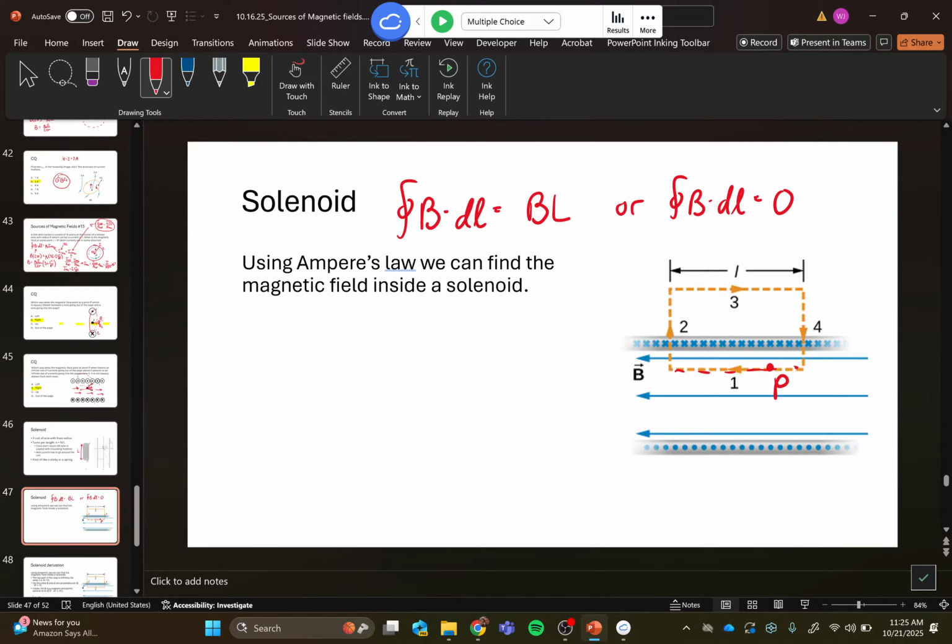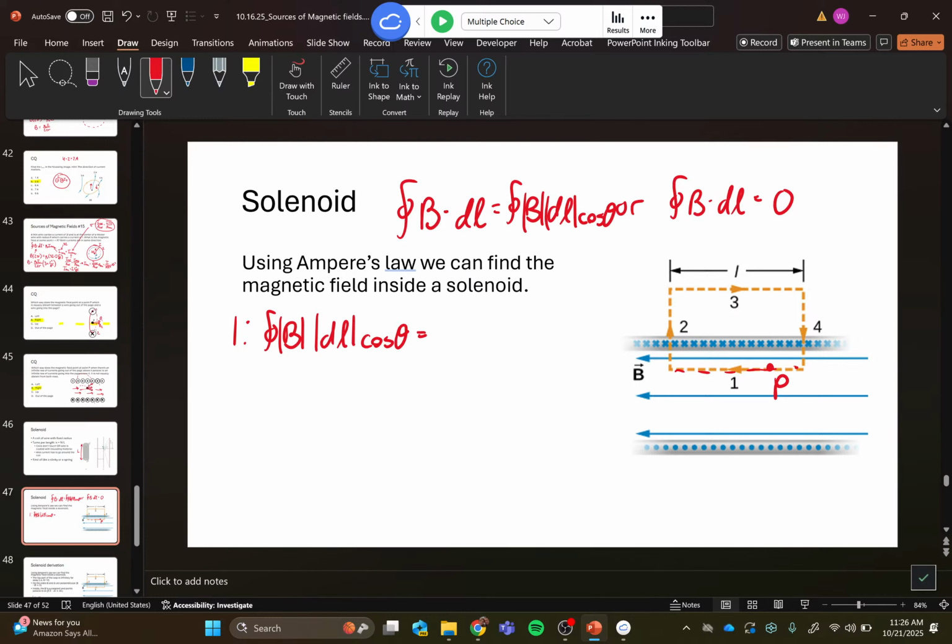So, looking at one section at a time. On the bottom, this is very nice. On path 1, the integral of B dot dl ends up being just B times L. And in fact, I'm going to write this, because I don't want to keep writing it a million times. Remember that the integral of a dot product is B times dl times cosine theta.